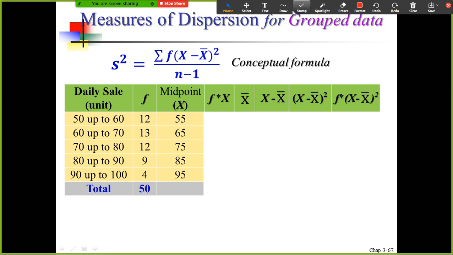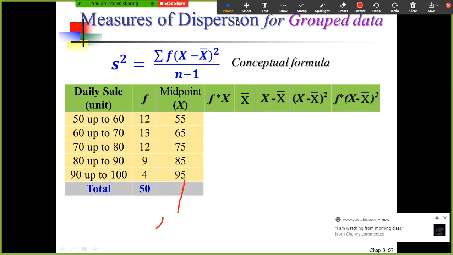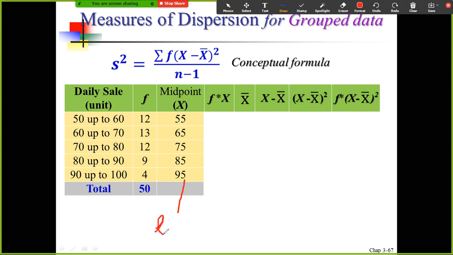In order to find the midpoint, remember this: L1 plus H1 divided by 2, L2 plus H2 divided by 2, L3 plus H3 divided by 2, L4 plus H4 divided by 2, L5 plus H5 divided by 2. Okay, so this is the way that we find the midpoint.